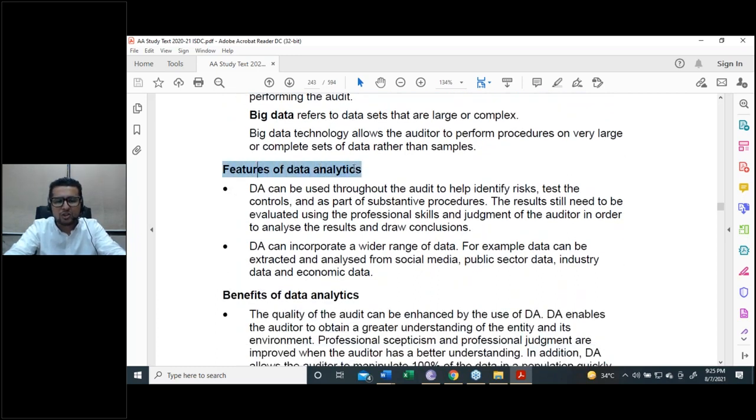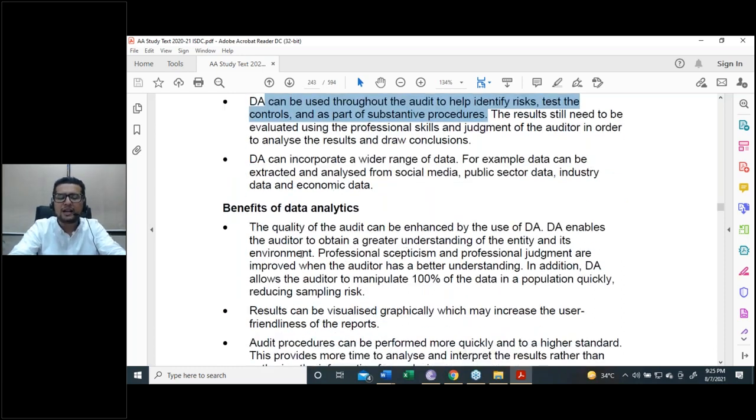What are the features of data analytics? Data analytics can be used throughout the audit to help identify the risk, test controls, and as part of the substantive procedures. What's the greatest benefit of data analytics? With the help of data analytics, you can test 100% of the population. You can test more population, and increase the sample size.